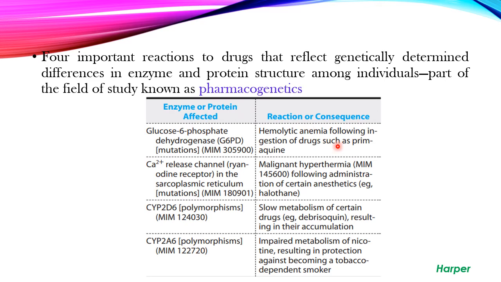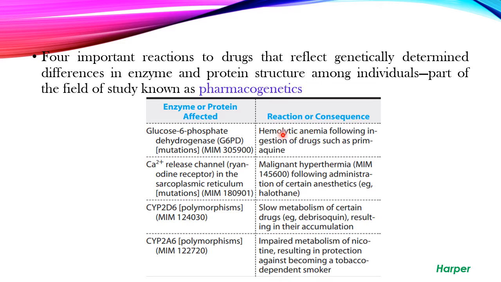For example, if an individual has mutations in the glucose 6-phosphate dehydrogenase enzyme in the HMP pathway, we have discussed this mutation in detail. Then if the same person ingests primaquine, that person would have hemolytic anemia.